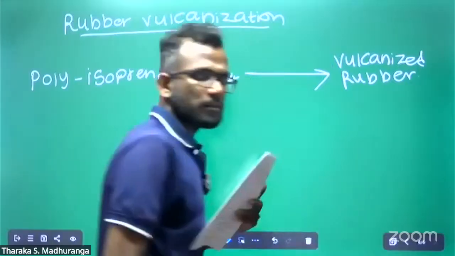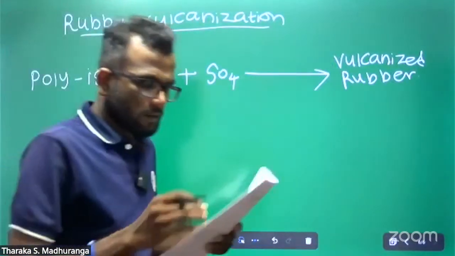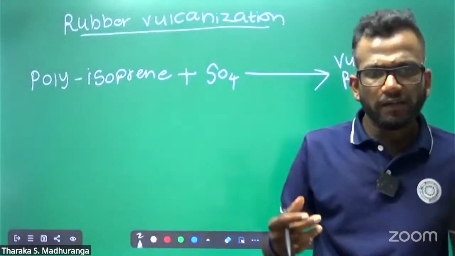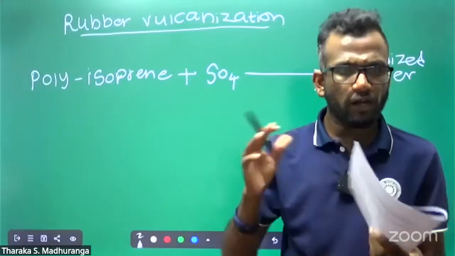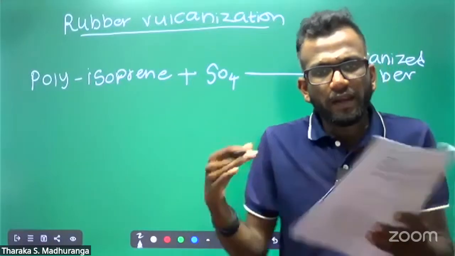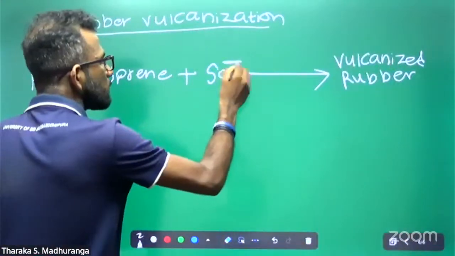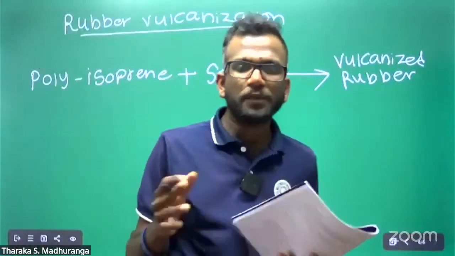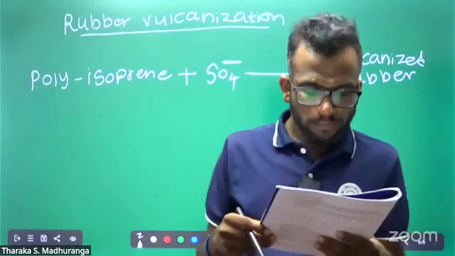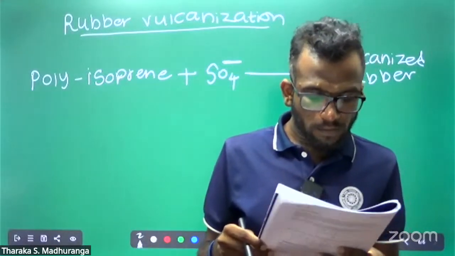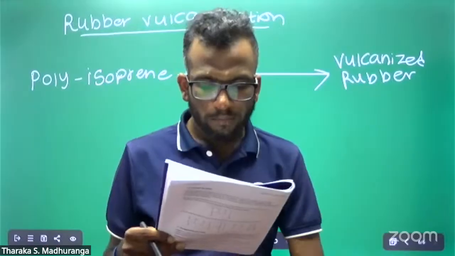Very simple: if any polyisoprene, that means natural rubber, reacts with a sulfur-containing compound, the sulfate group, then it produces vulcanized rubber. Okay, I have given the tute.